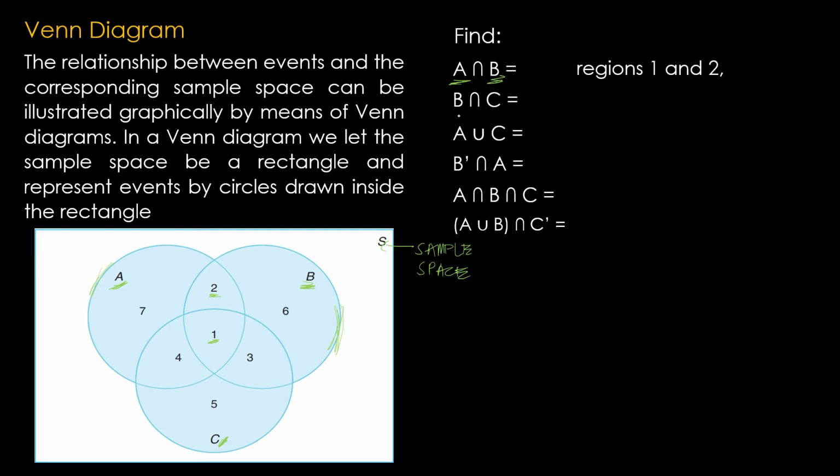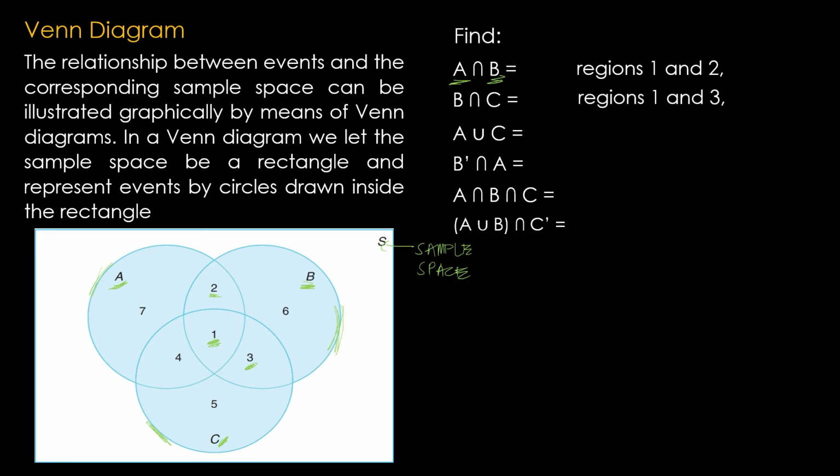The intersection naman between B and C is kung saan nag-overlap yung event B at saka C. So, ito. Saan ba nag-overlap ang event B and C? That is right here. We have 1 and 3. So, your answer should be 1 and 3. Okay.